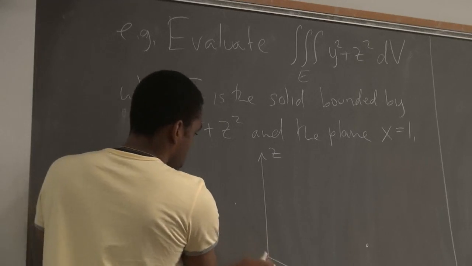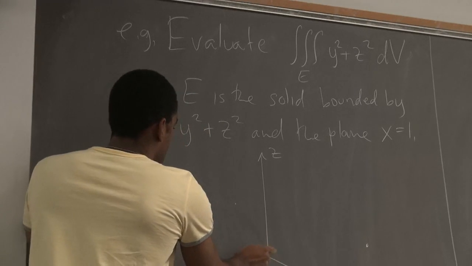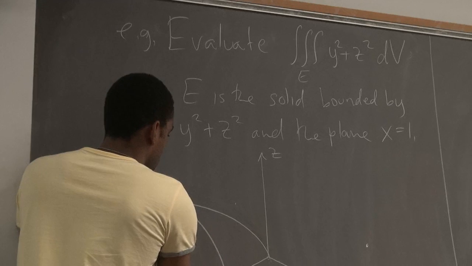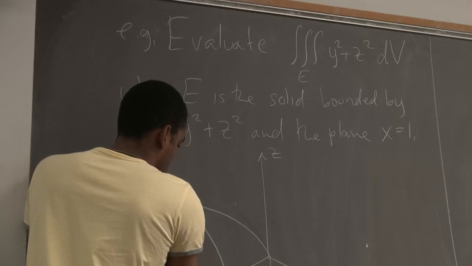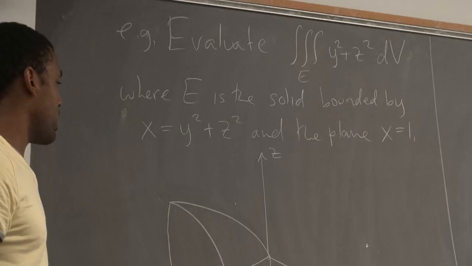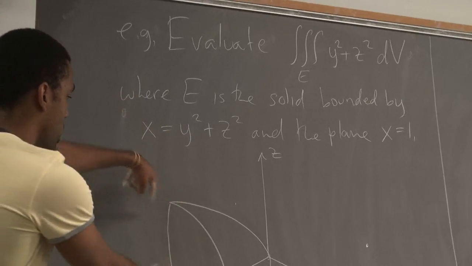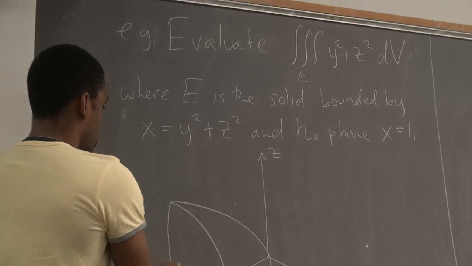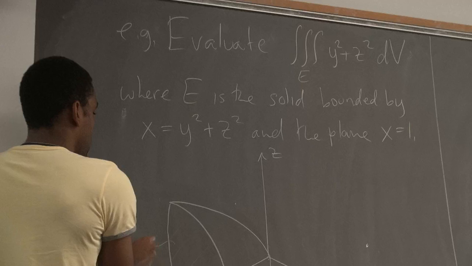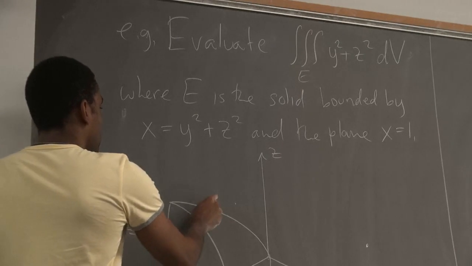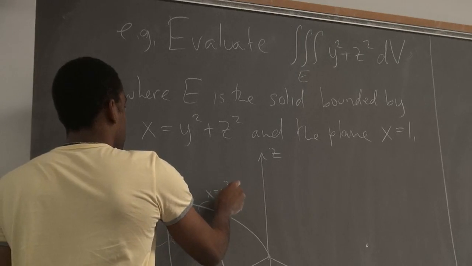So the section we take would probably be the finite one rather than the infinite one. It says bounded by, so the other part wasn't bounded. Right, so there's just this plane here. This is the plane x equals 1. This is x equals y squared plus z squared.